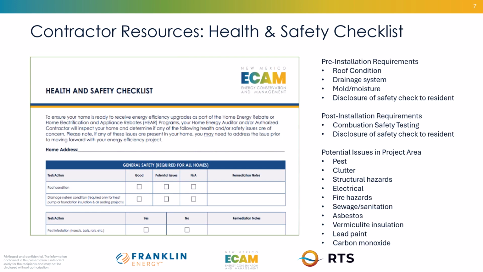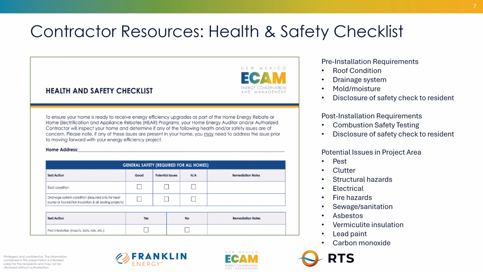To ensure a home is ready to receive energy efficiency upgrades, a health and safety checklist is required for all contractor installed measures. This checklist is available in printable, fillable, and web-based formats. It is not required for upload to the ECAM portal. All findings should be shared with the homeowner. Pre-installation safety includes checking for signs of mold or moisture, and inspecting the condition of the roof and drainage system.